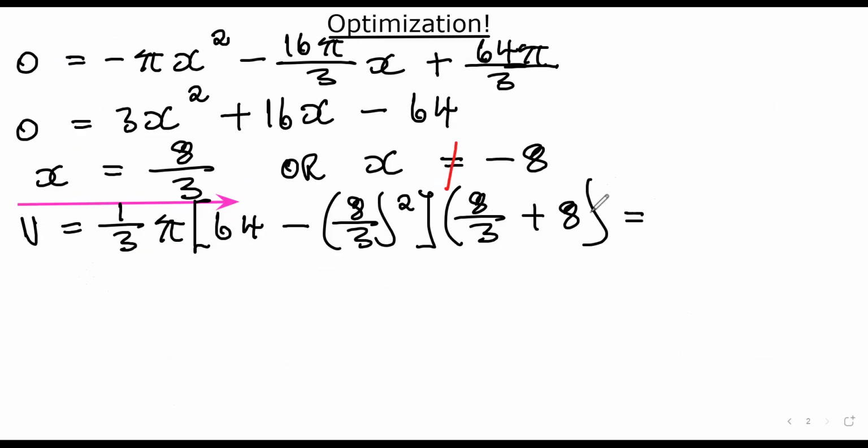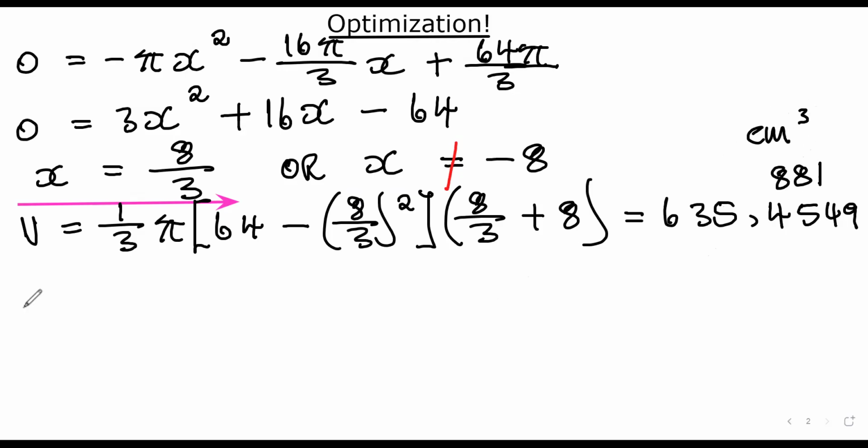And when you now go to your nice calculator and say 1 over 3 pi, 64 minus 8/10 squared, and this is multiplied by 8/10 plus 8. Oh, here they give it to me as a fraction, but that's fine. So it's going to be 635.4549 centimeter cubed.